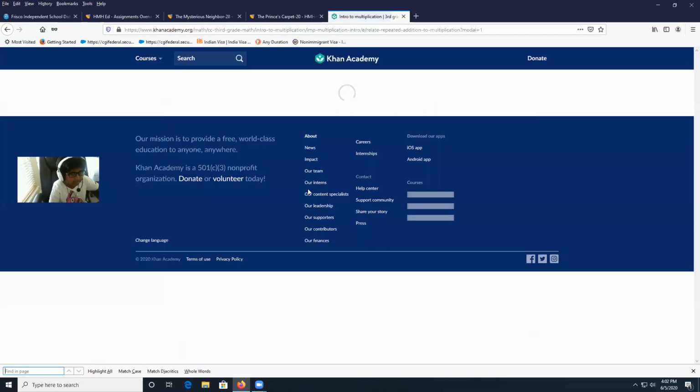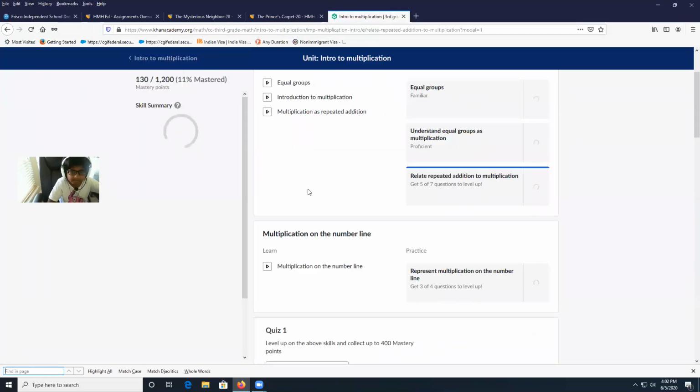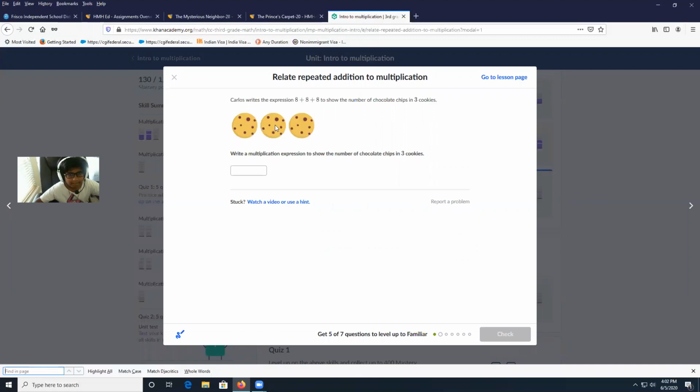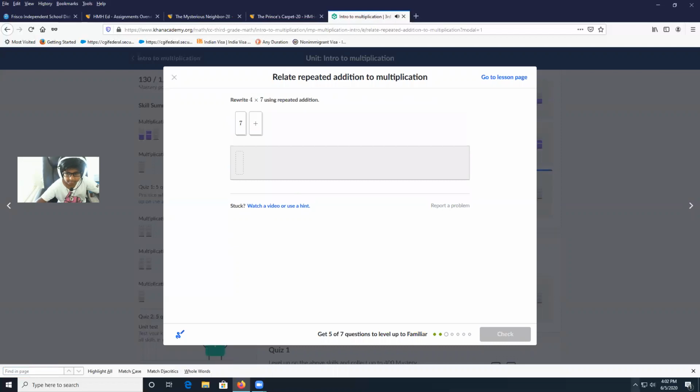So it's gonna be 8 times 3. This is not my keyboard, I didn't put times on my keyboard, there are a bunch of options. And as you can see, it is correct.